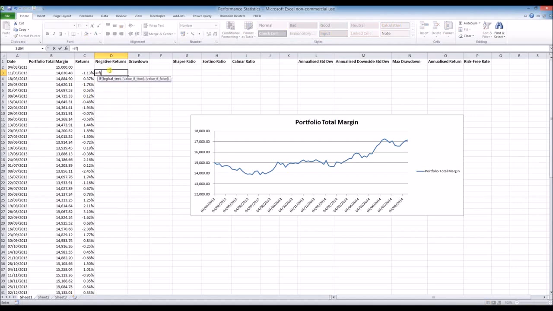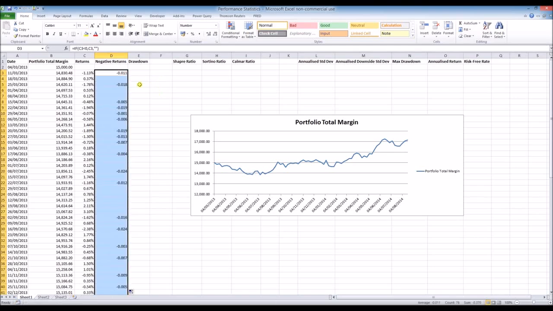So equals if, the logical test is if the cell in column C is less than 0, i.e. negative, then we want to return that value, and if not, leave the cell blank. Those two speech marks mean leave the cell blank. Copy that down. From there, we can start thinking about calculating our drawdown numbers.